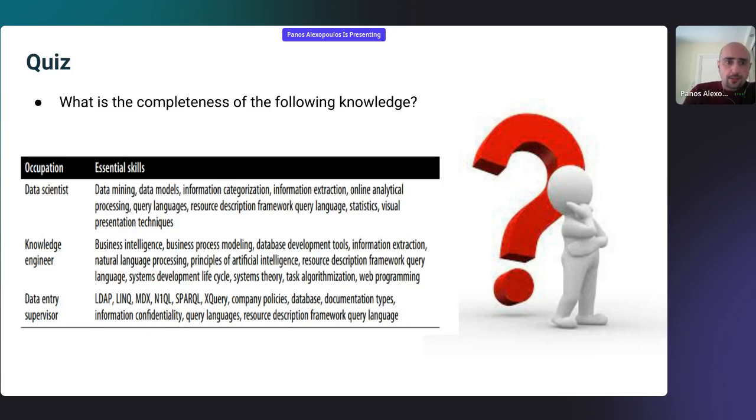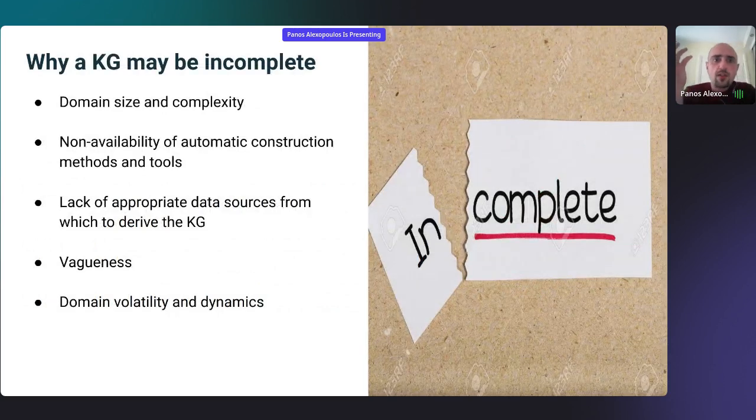Now, why is that? A knowledge graph may be incomplete when it tries to cover a very large and very complex domain, and therefore it's very hard to develop it fast enough to cover the whole domain. So in the majority of cases, knowledge graphs are incomplete.